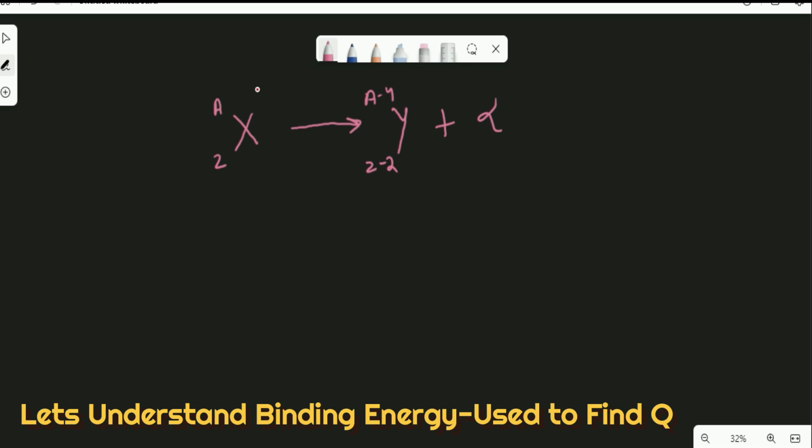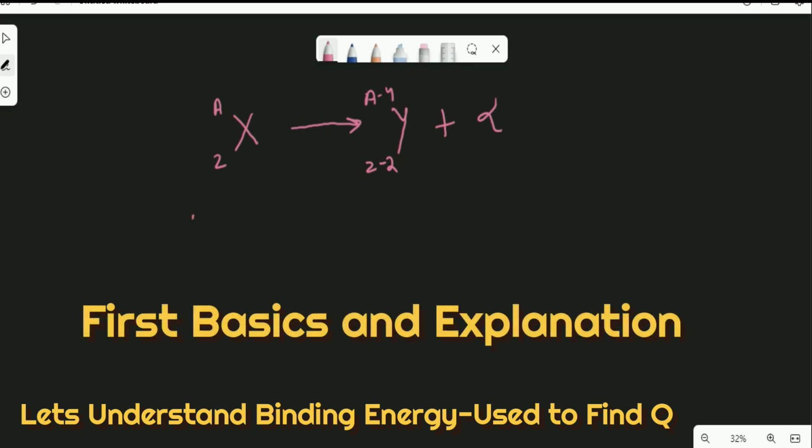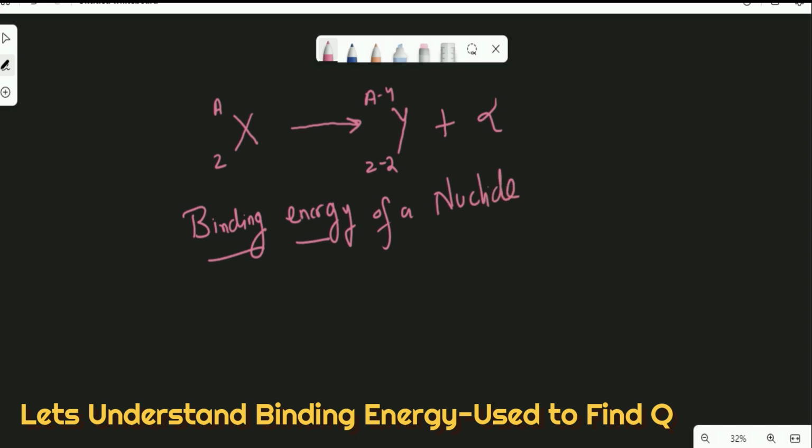If you were to find the binding energy of a nuclide, how do you do that? The binding energy of a nuclide is defined as the difference of energy of individual nucleons.